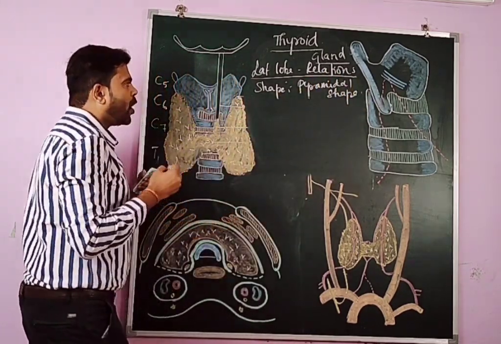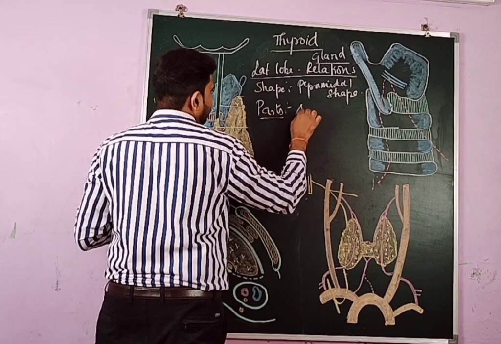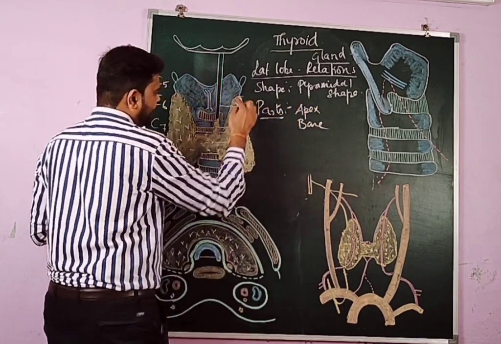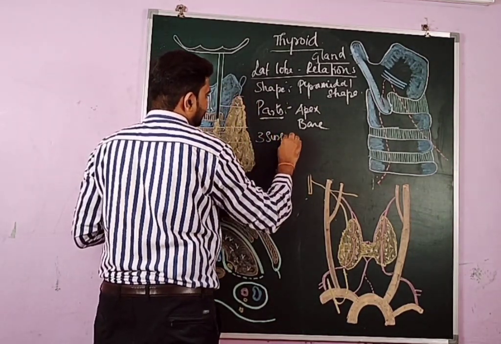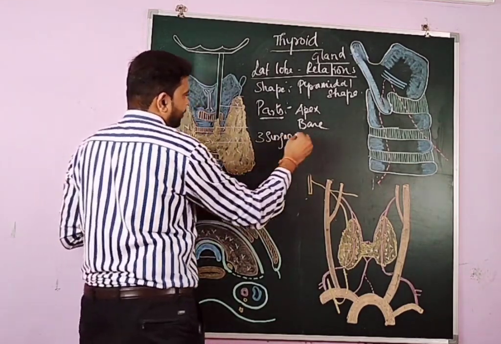If we see the parts of the lateral lobe, it consists of an apex and a base. So this is the apex, this is the base. And we have three surfaces. In this diagram you can see this is the medial surface.